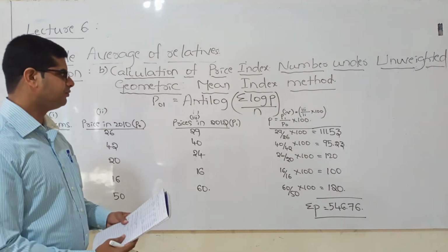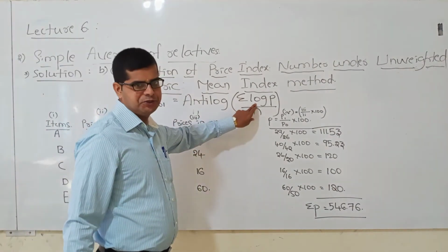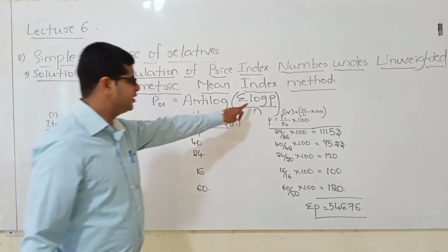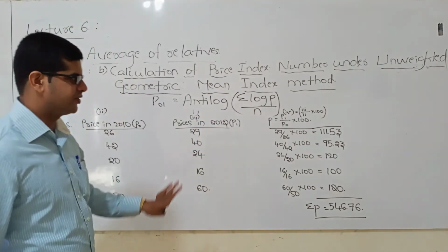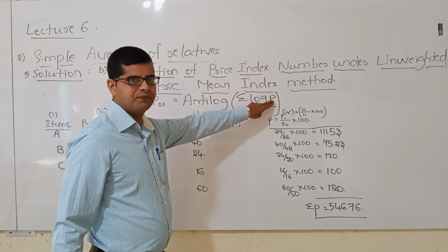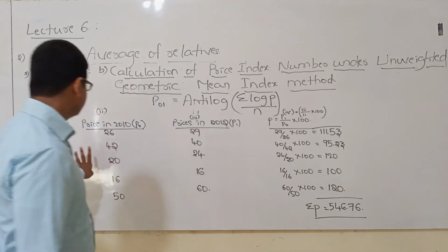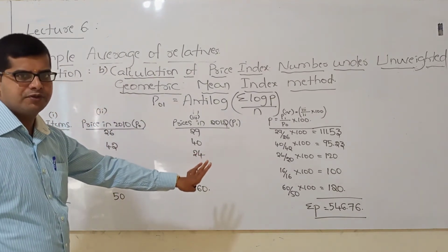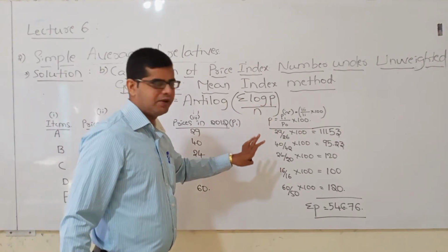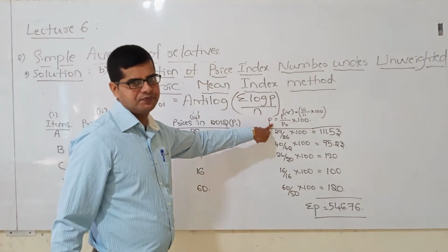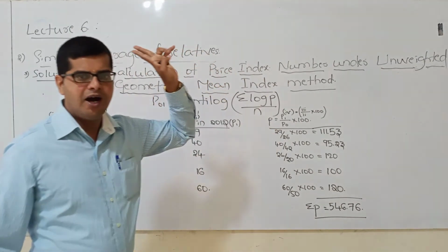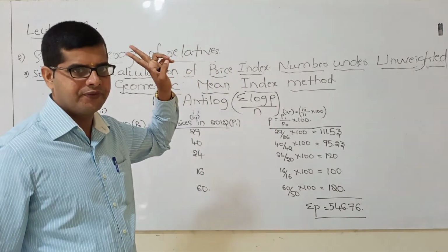Because of this purpose I am keeping all these things, because here we need log P. If you keep all these columns as we prepared, you can easily get log P, because we have already calculated P while calculating the arithmetic mean index.